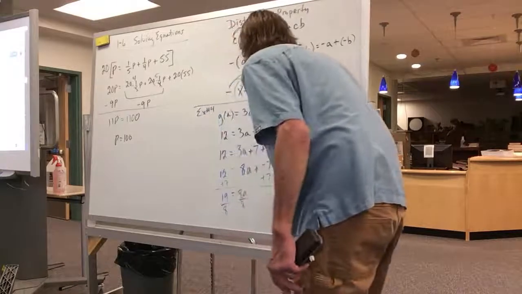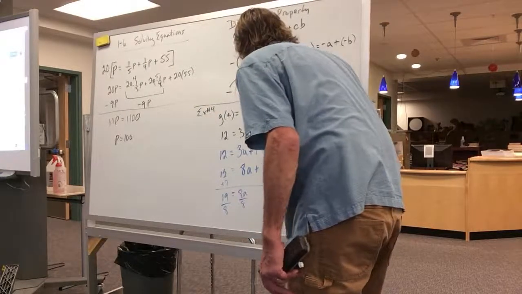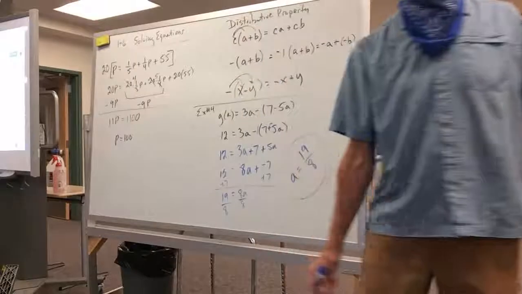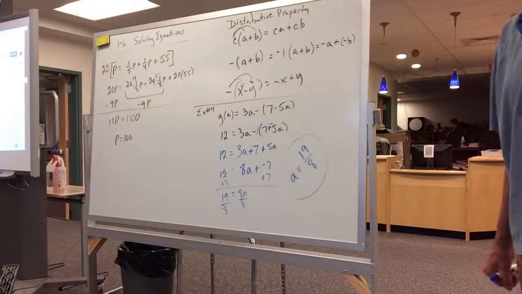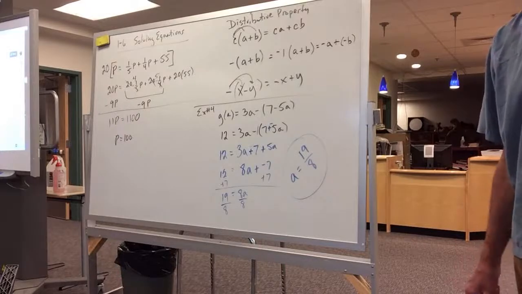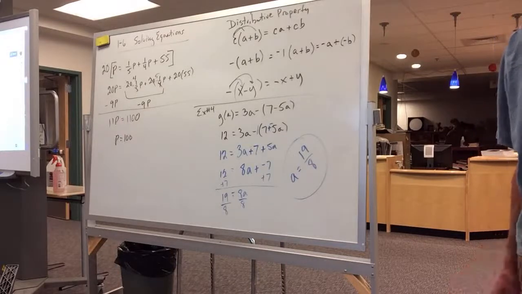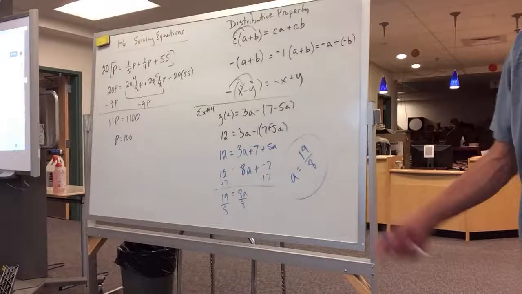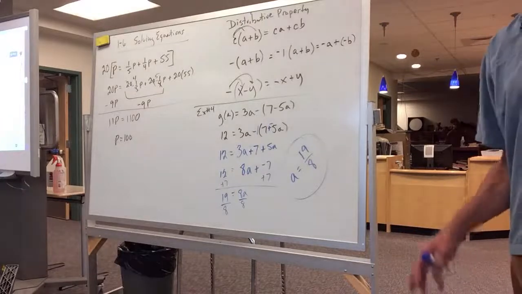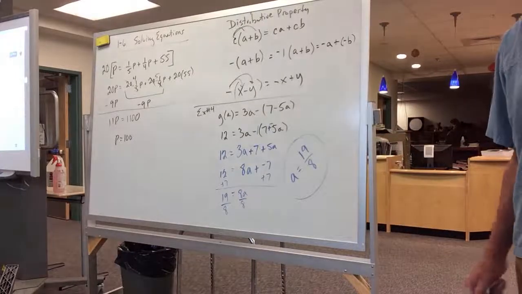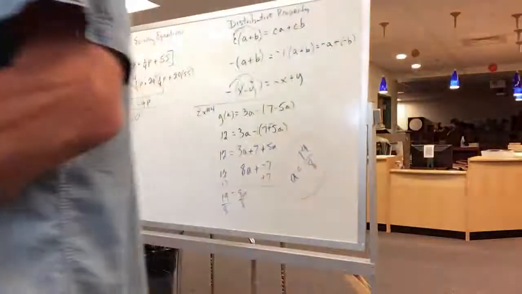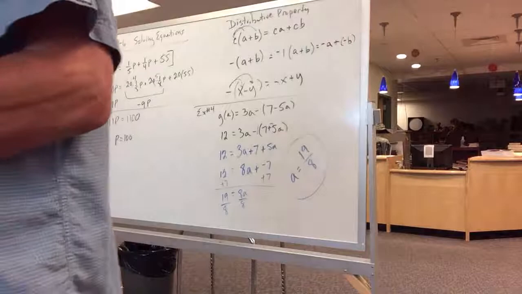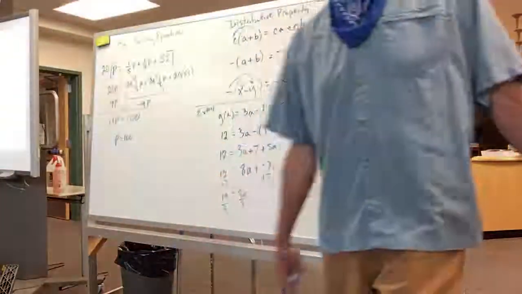And then a is equal to 19/8. Leave things as fractions, unless the question is asking for a number that makes sense to be written as a decimal. But for graphing purposes, or just solving numerical problems, leave things as fractions. And they're not telling us what the function g is, so just go with it as it is.